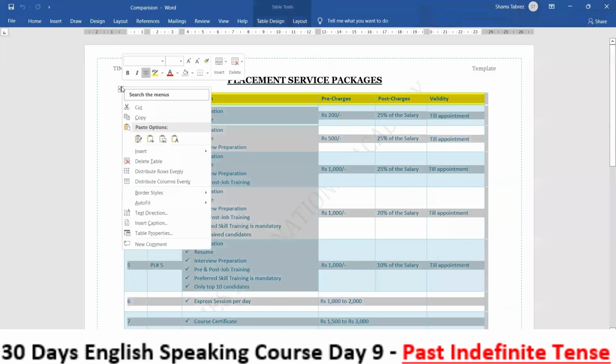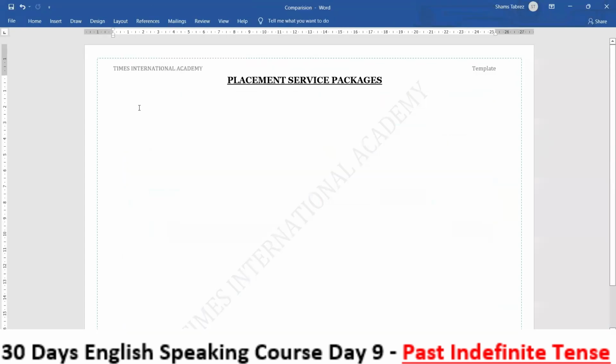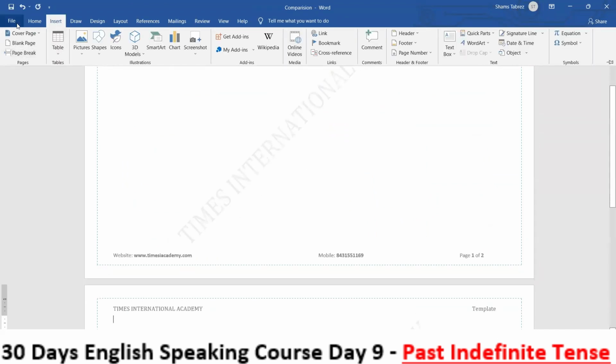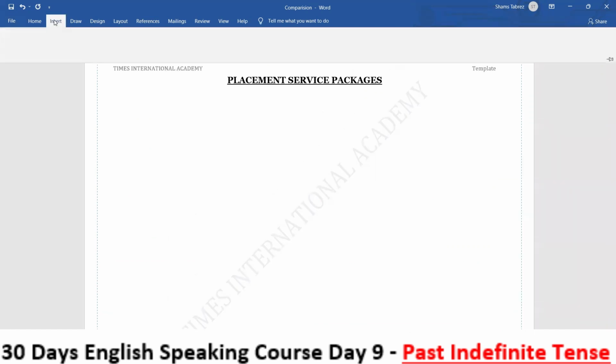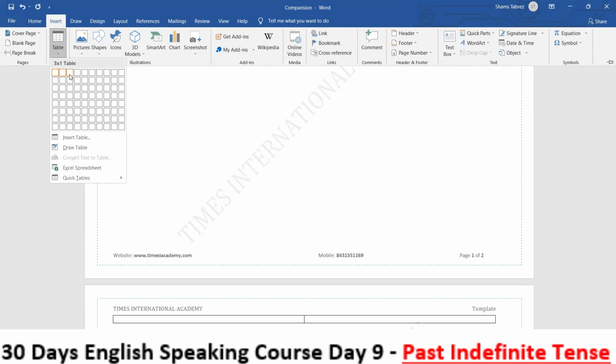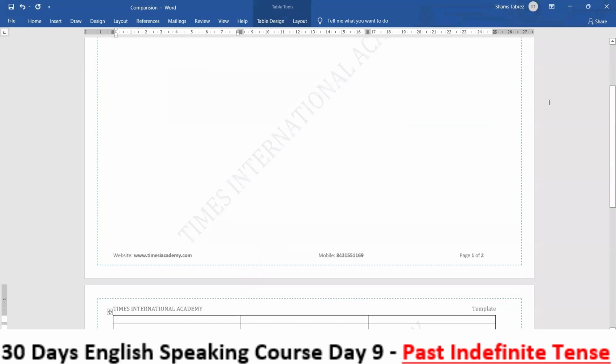Now let's delete this table. I will put a new table. Insert a 3-column table with multiple rows.